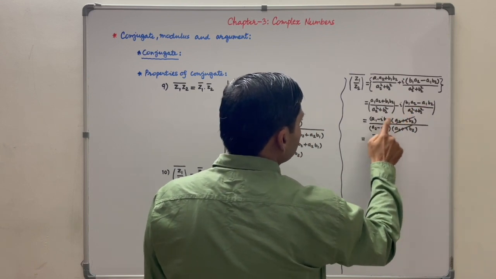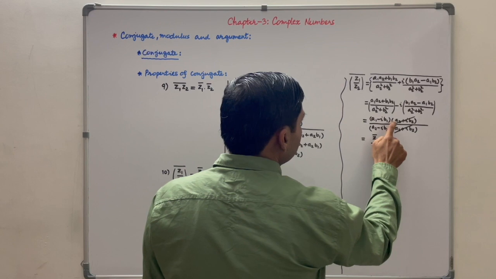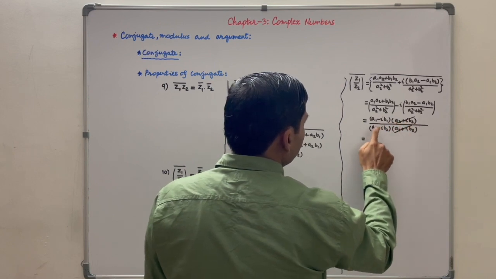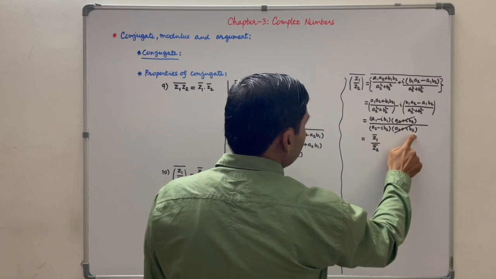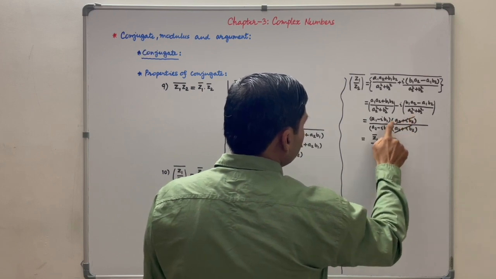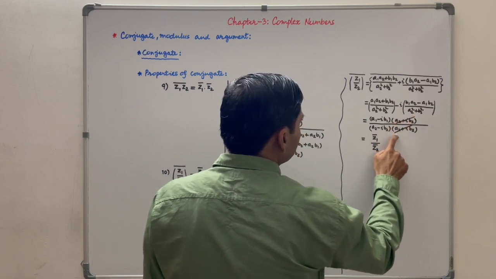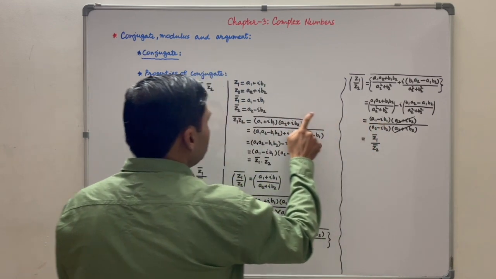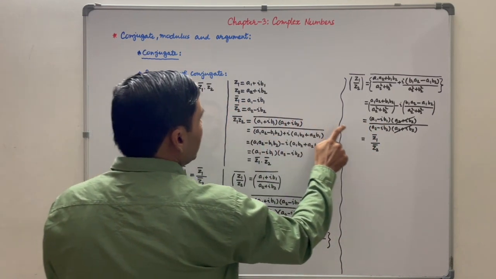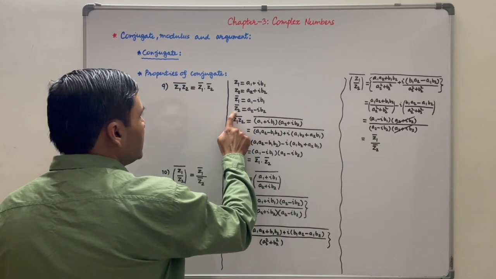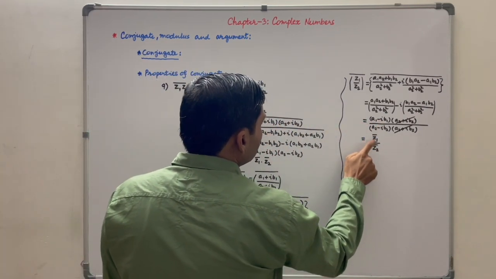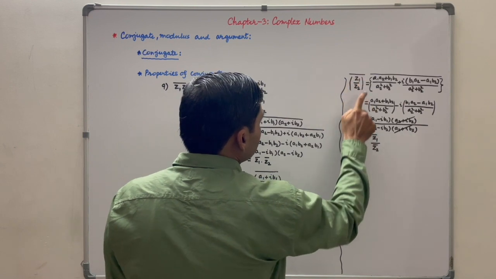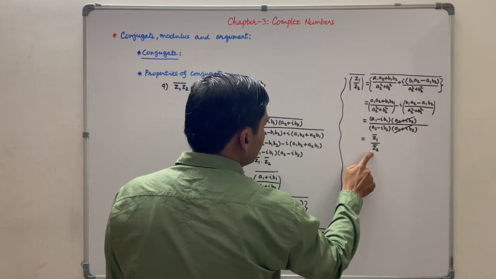This can be rewritten as a1 minus ib1 into a2 plus ib2 upon a2 minus ib2 into a2 plus ib2. a2 plus ib2 in numerator and denominator will get cancelled. And a1 minus ib1 is equal to z1 bar and a2 minus ib2 is z2 bar. So this becomes z1 bar upon z2 bar. So z1 upon z2 whole bar is equal to z1 bar upon z2 bar.